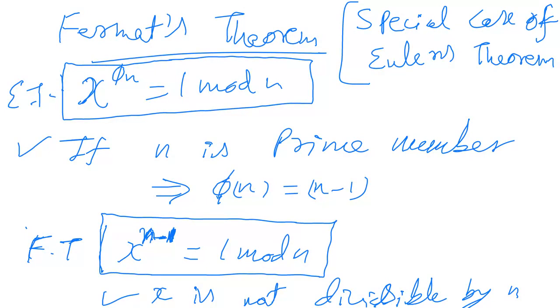The additional condition says that n is a prime number. So if n is a prime number, then phi n becomes n minus 1. So this is Fermat's theorem: x to the power n minus 1 is equal to 1 mod n, right?